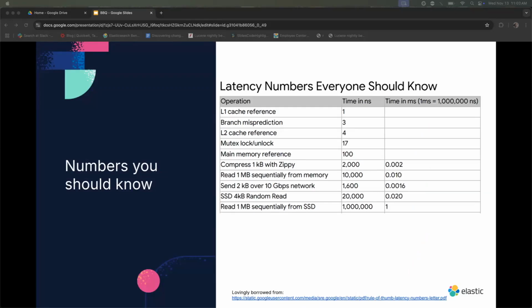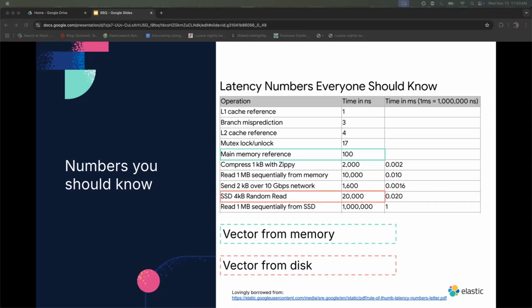And so let's talk about the difference between what it takes to randomly seek inside of a graph. So you have this first number, if everybody can see, is this main memory reference. That's how long it takes on a scale of 100 nanoseconds in this imaginary scale. You can read something from main memory.